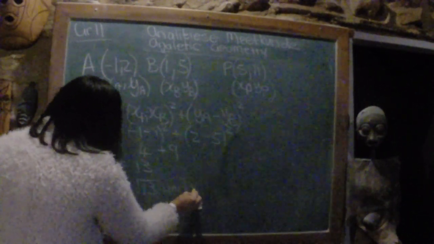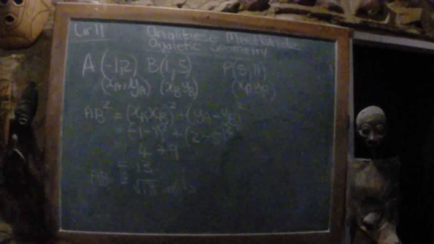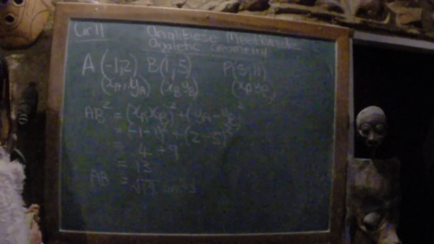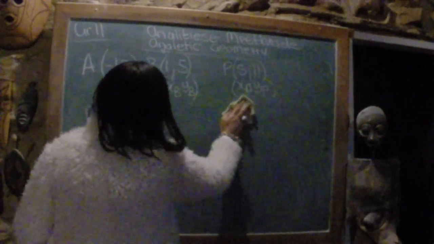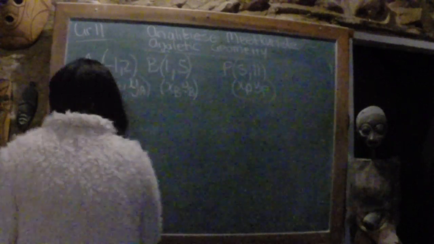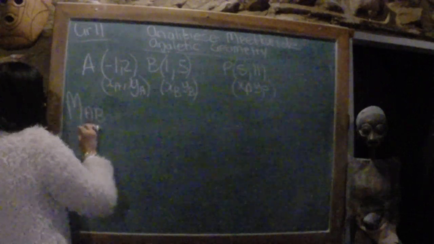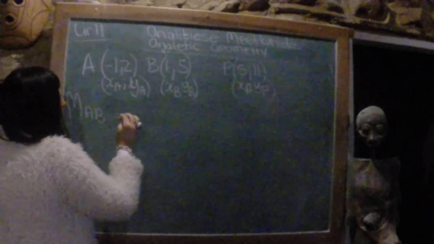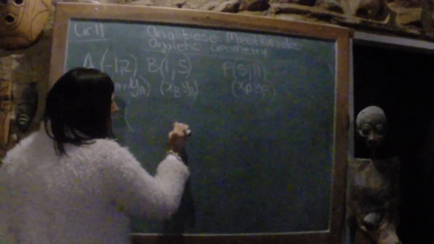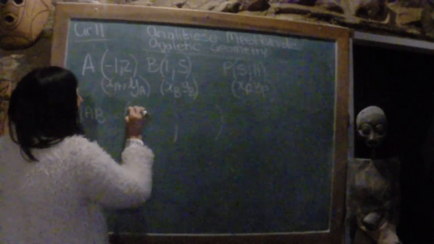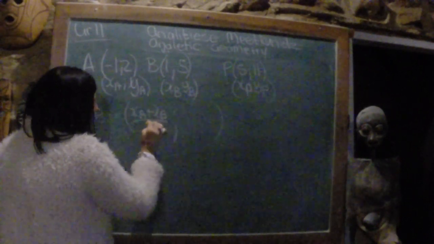Dit kan jy met jou sakrekenaar uitwerk en 2 desimale plekke afrond. Kom ons kyk na die middelpunt van AB. Midpoint, big M. Midpoint is simply adding the coordinates. So I'm adding the x values, I'm dividing it by 2.